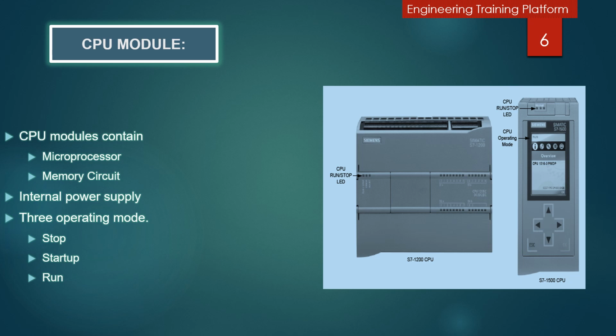A CPU may also have an internal power supply, and CPUs typically have the following three operating modes: stop mode, startup mode, and run mode. I have already shown in the picture the S7-1200 CPU and S7-1500 CPU. For the S7-1200 you can see the indicators for the CPU RUN/STOP LEDs, and on the other side the S7-1500 CPU shows the RUN/STOP LEDs on the top, and the CPU operating modes are shown here on the screen.